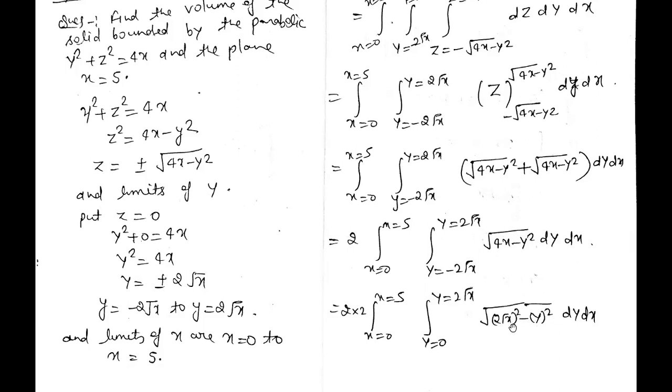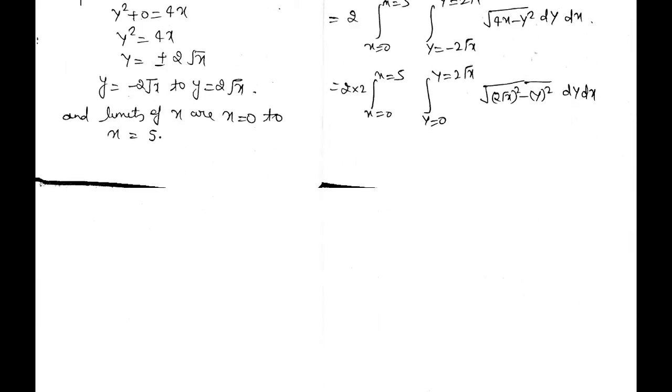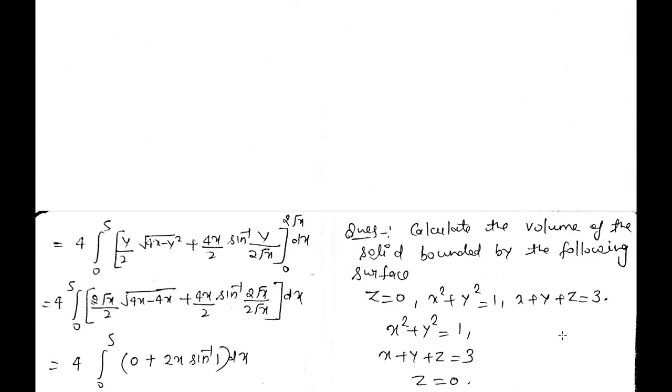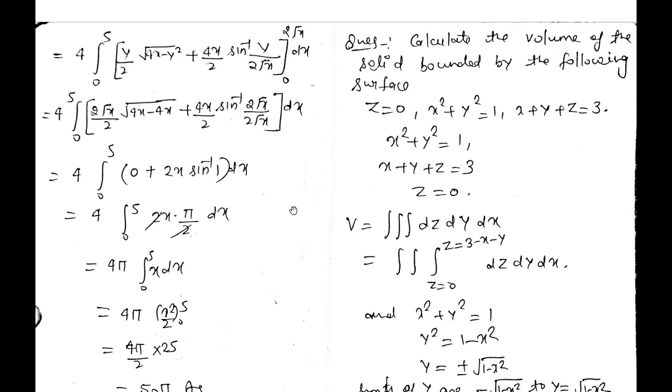Now you can apply here the a square minus x square formula. So in the a square minus x square formula, 4 is a constant, so outside, 0 to 5, a upon 2, that means y upon 2, square root of a square minus y square, plus a square upon 2, 4a square upon 2, sine inverse y upon 2 root x. So this is your a square minus x square formula.